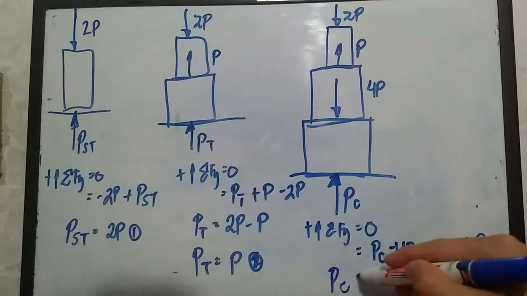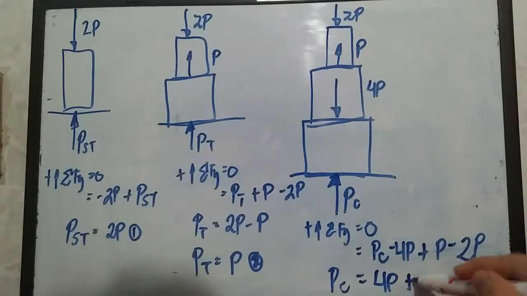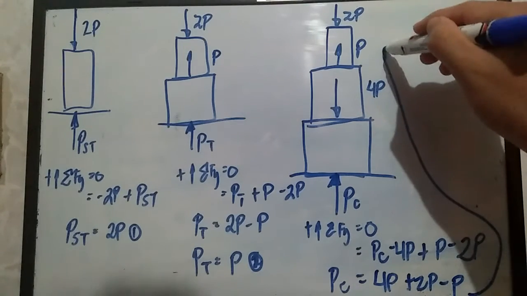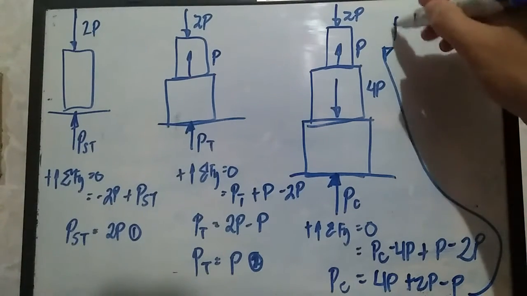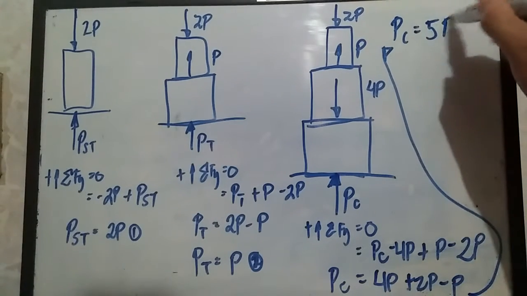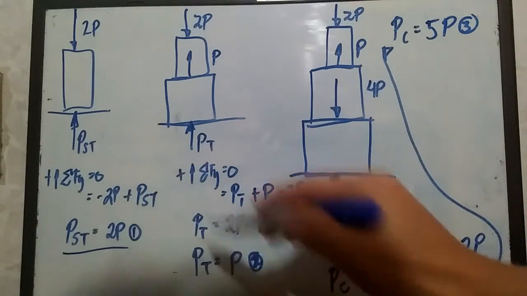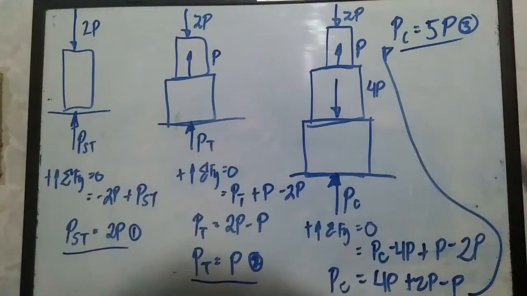So P sub c now is equivalent to 4P plus 2P minus P. And then let's substitute it here. P sub c is simply 4 plus 2P is 6P minus P is 5P. So that should be equation number 3. So we managed to solve equation number 1, 2, and 3.